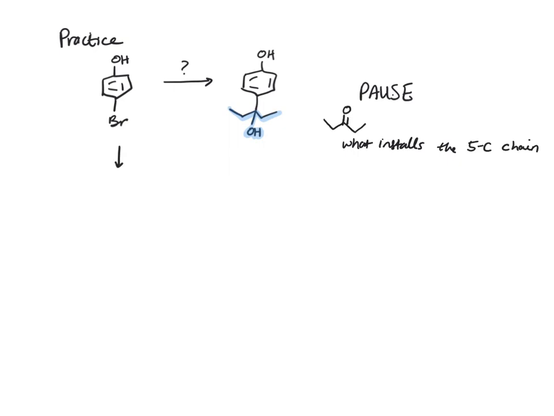So we're going to first install a TMS group to make that alcohol unreactive. Then we're going to make our Grignard reagent. We'll treat this with 3-pentanone.